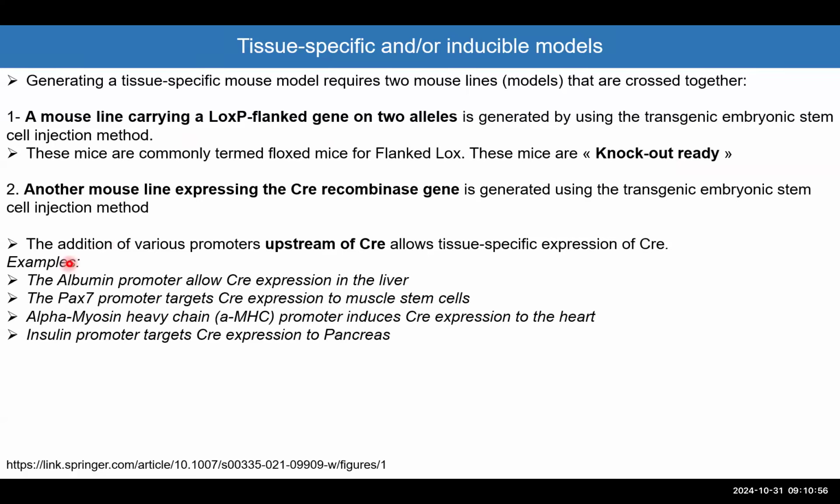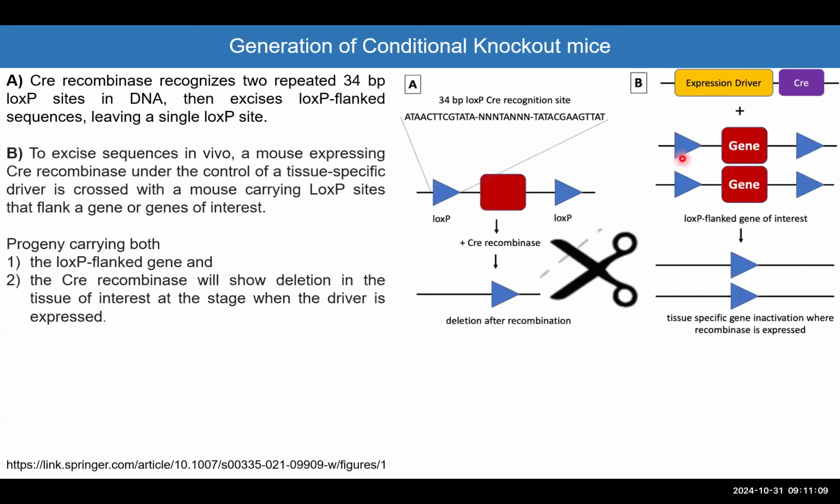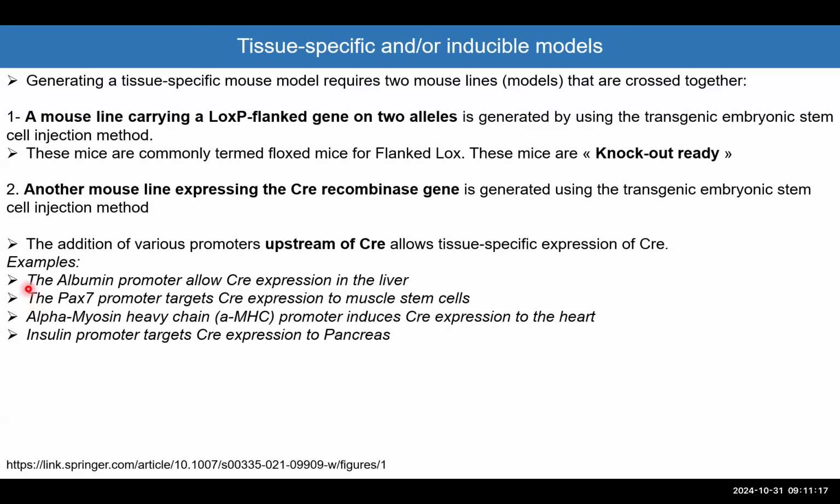Now, for the Cre, I just want to introduce here the notion that you can specify which cells express the Cre and which cells do not. So if I go back a step, it's an expression driver or a promoter, right? And the examples I put for you here: the albumin promoter is active only in the liver, in the hepatocytes.